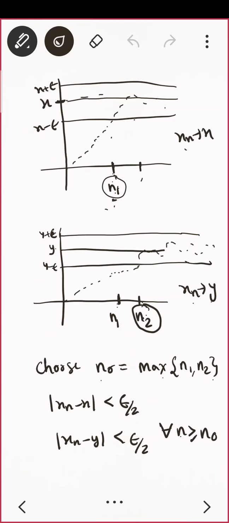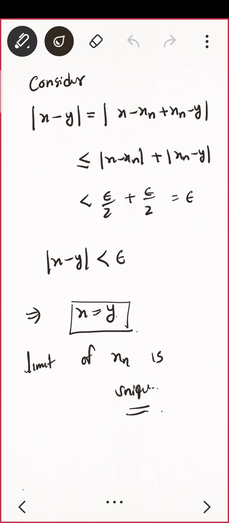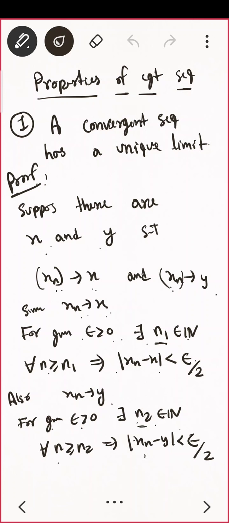Okay? Let's go back to the proof once again and see. Is there any doubt, any issue? Then you can ask now. Okay?